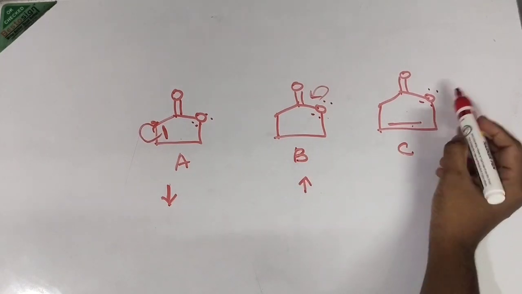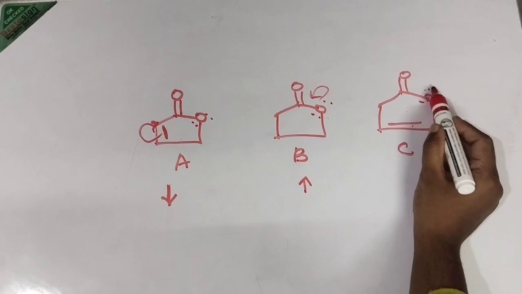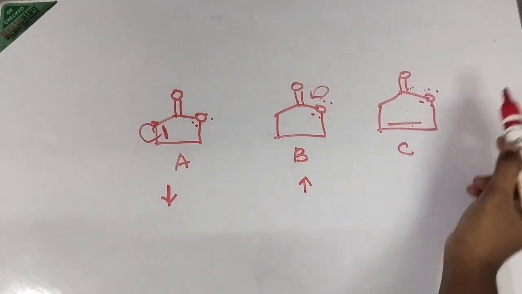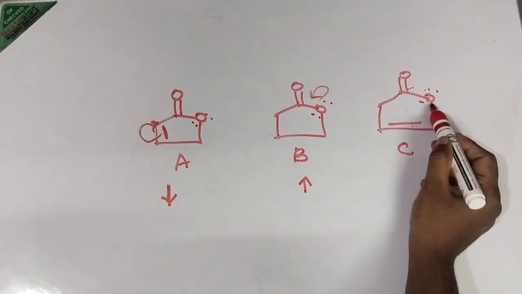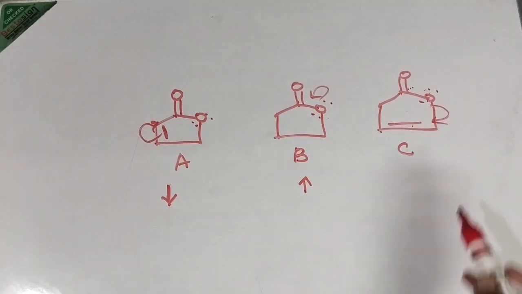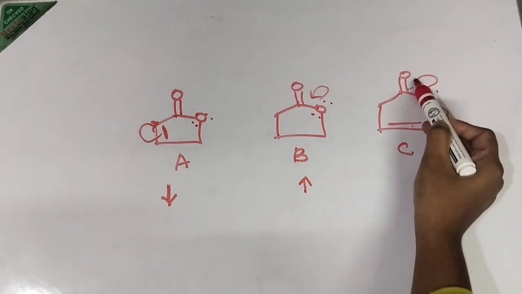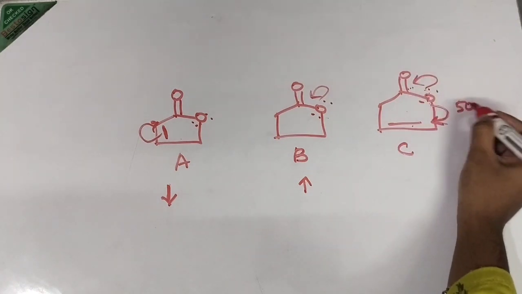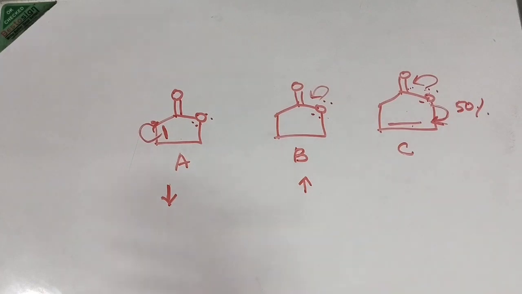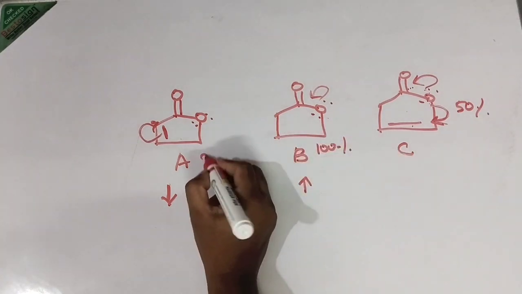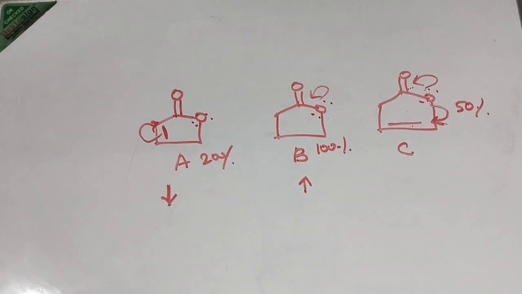In this case, this oxygen will not donate completely its electrons towards this carbonyl group, because it will donate some electrons for this conjugation also. Here only 50% it donates its electrons, but in this case it is 100%, and here it is 200%.